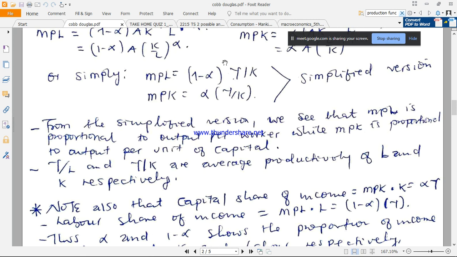You have 1 minus alpha y over k, then again you have marginal product of capital, which is alpha y over k. It's confusing. How come we have k on both? Sorry, I was making these funny mistakes. So this is y over k, and this is y over l.